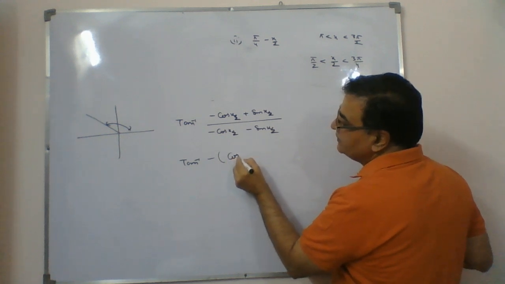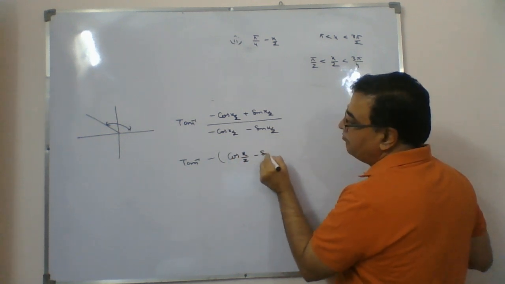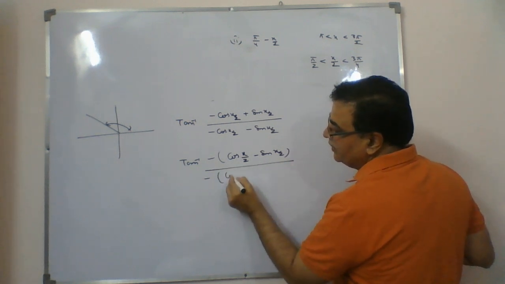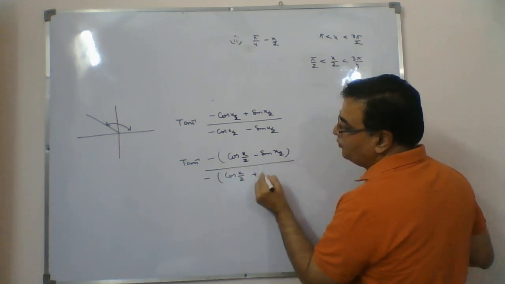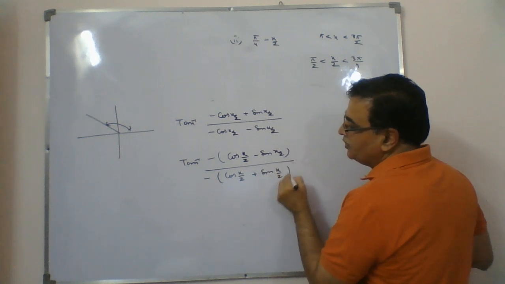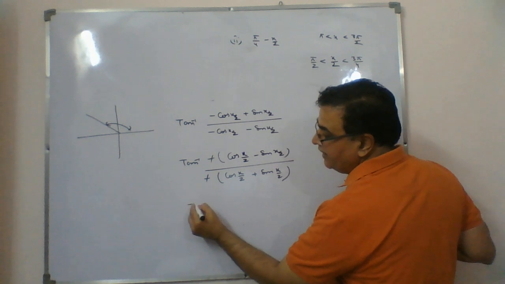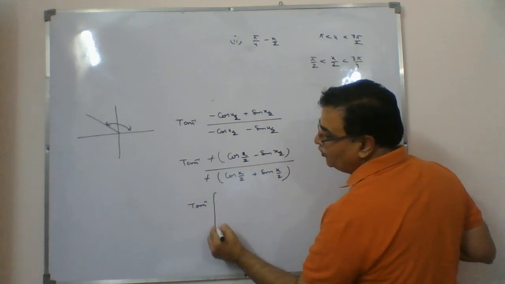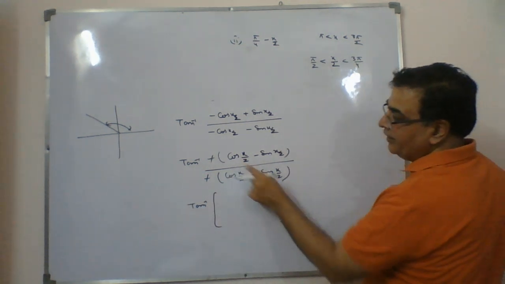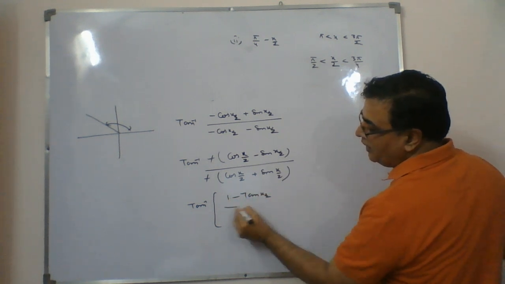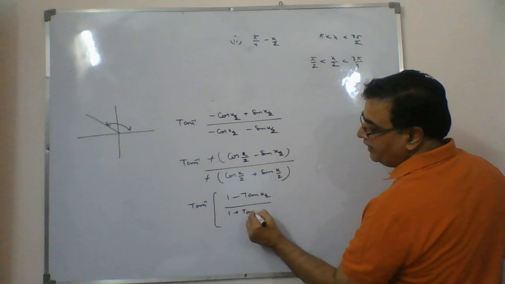We get cos x by 2 minus sin x by 2. Minus is here, so it will come out to be cos x by 2 plus sin x by 2. This minus gets cancelled out. Then we should write this as tan inverse. Dividing by cos x by 2, we get 1 minus tan x by 2 by 1 plus tan x by 2.